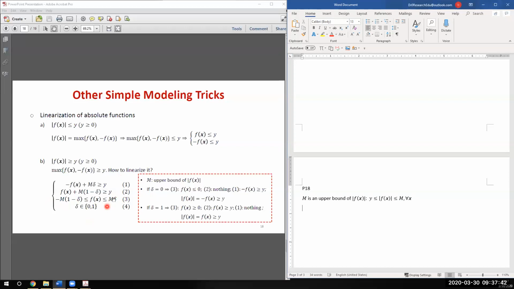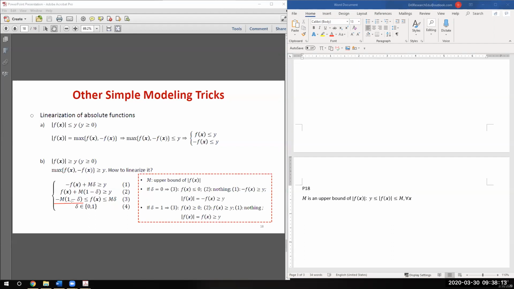No problem. That tells you that f(x) is not positive, right? In other words, you must have absolute value of f(x) equal to negative f(x). However, you need to guarantee that the other side is also correct, which means here you should not have a contradiction. If delta equals 0, I have f(x) is greater than or equal to negative M. It's correct.